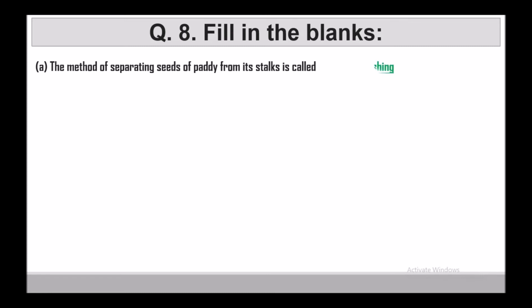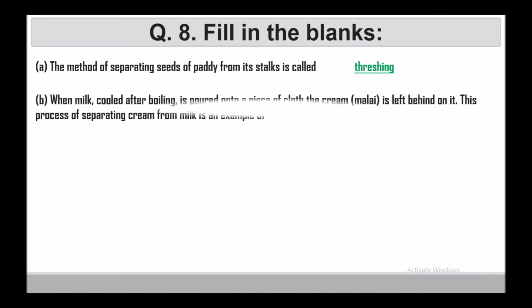Eighth question is fill in the blanks. In that, the first one is the method of separating seeds of paddy from its stalk is called threshing. The second one is when milk is cooled after boiling, it is poured onto a piece of cloth, the cream, malai, is left behind on it. This process of separating cream from milk is an example of filtration.